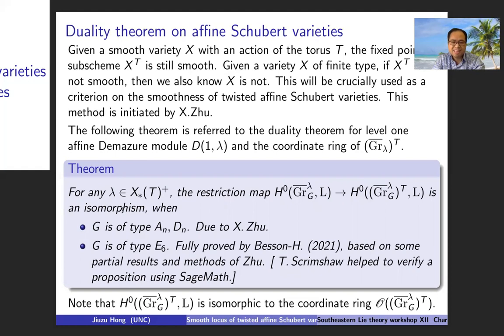This is going to be an isomorphism when G is of type A and D, in this case due to Zhu. And in the case of E6, Zhu proved some partial result and it was fully proved by Besse and myself this year.